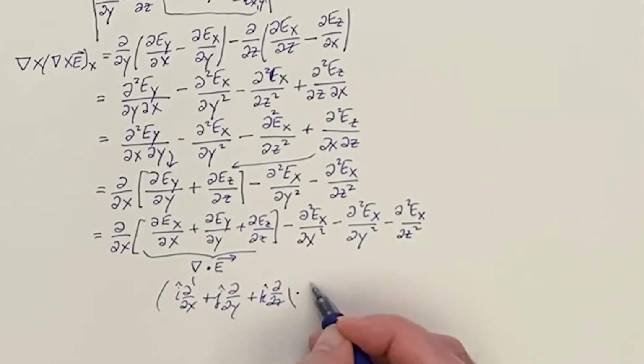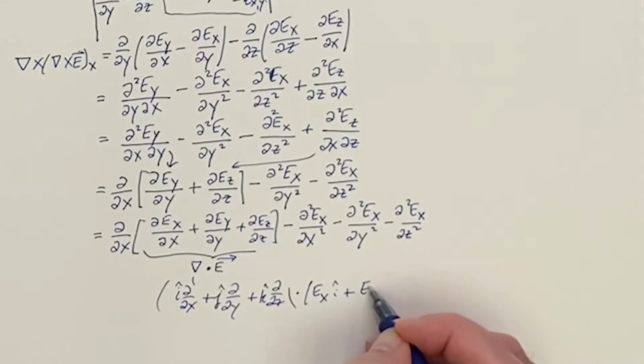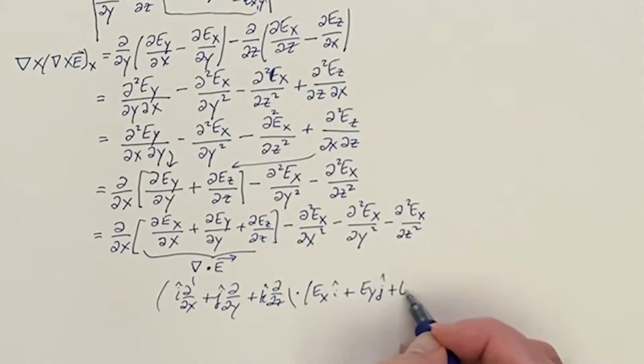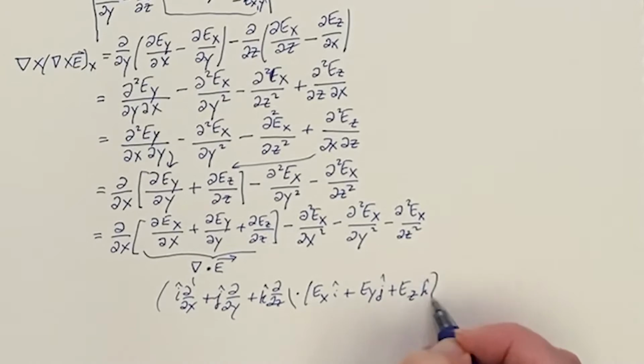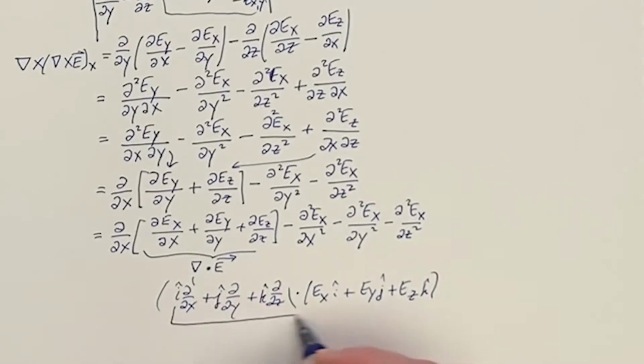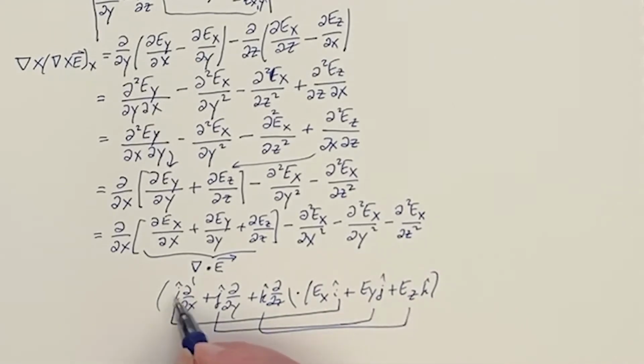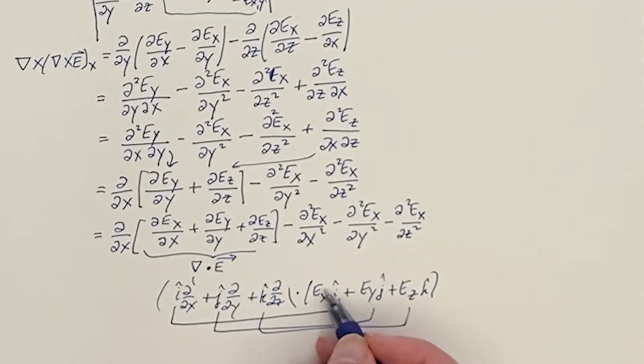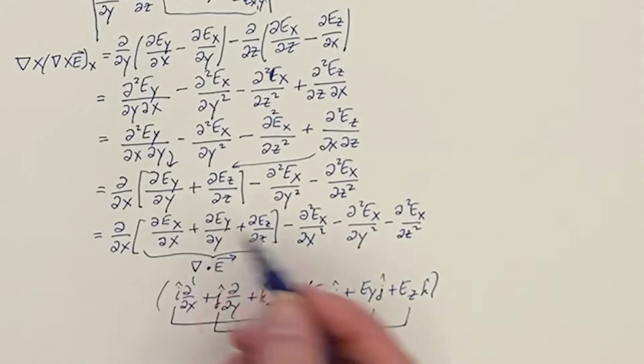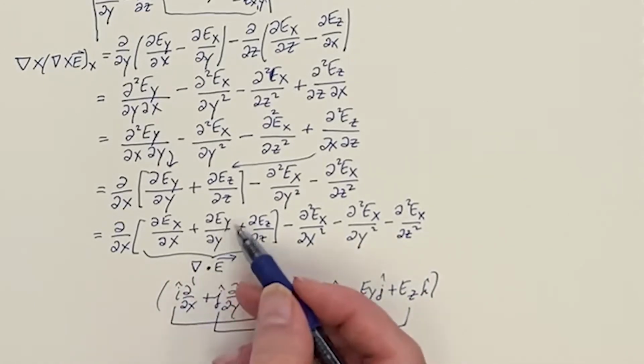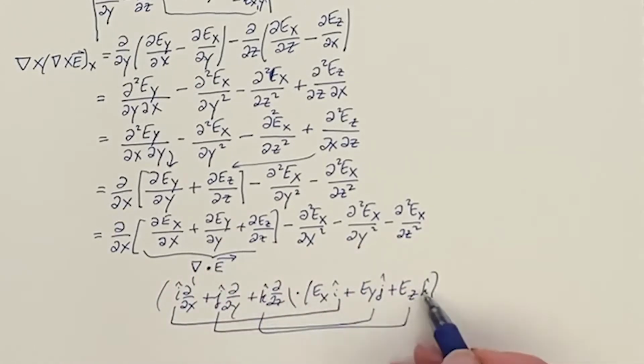And if you dot that with Ex i hat plus Ey j hat plus Ez k hat, the ones that are going to contribute are the i, the j, and the k. But then look at these. i dot i is 1. That's just the partial derivative of Ex with respect to x. The next one is the partial derivative of Ey with respect to y. The last one is the z's.